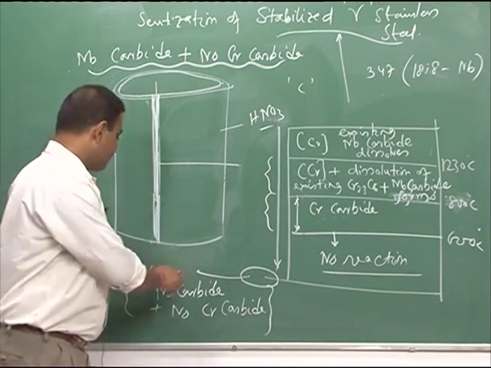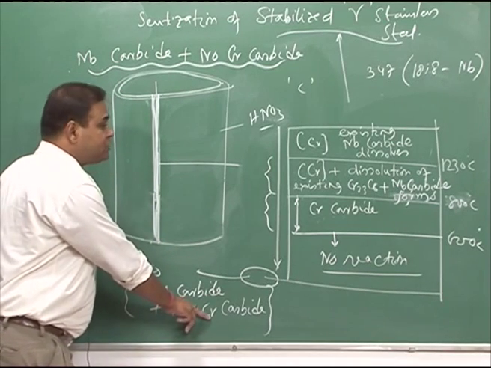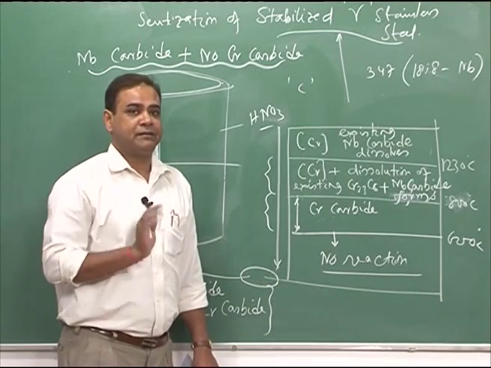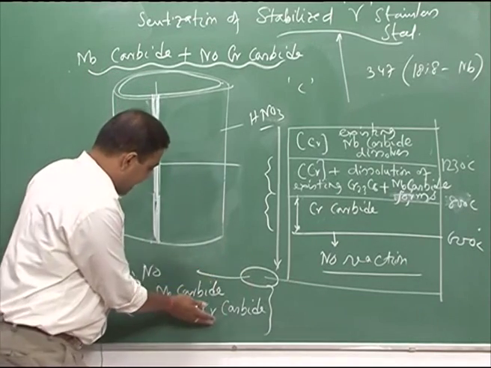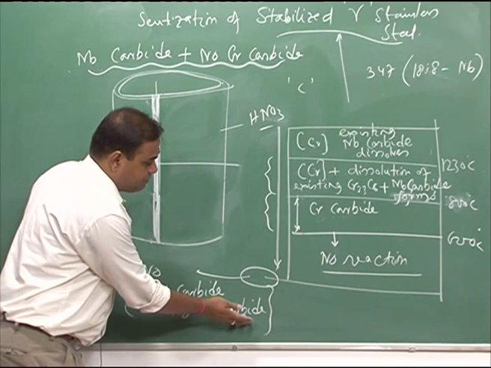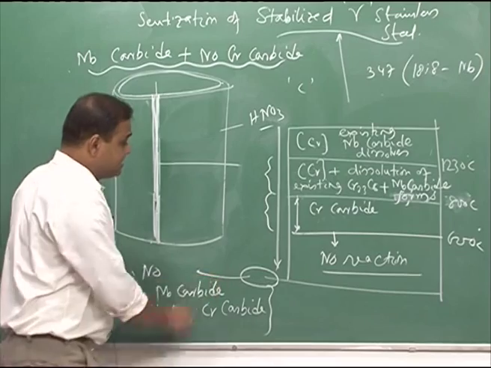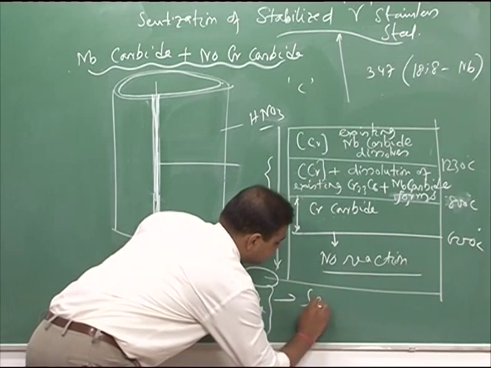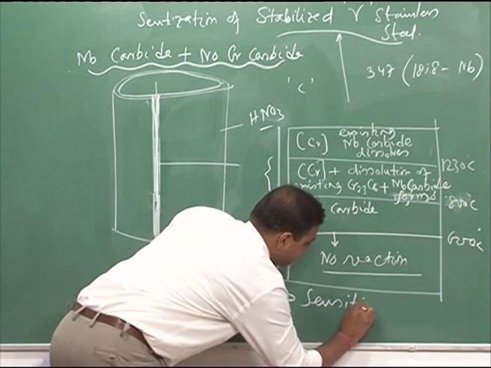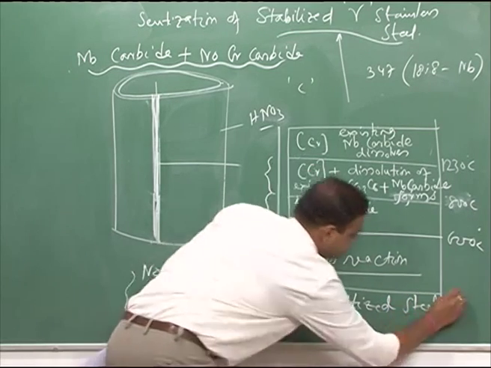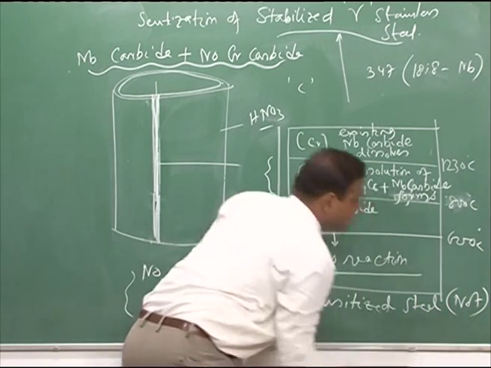Why? Because we do not have the situation where the chromium depletion is happening. So, we have no chromium carbide formation and no chromium depletion. So, this is not a sensitized steel.